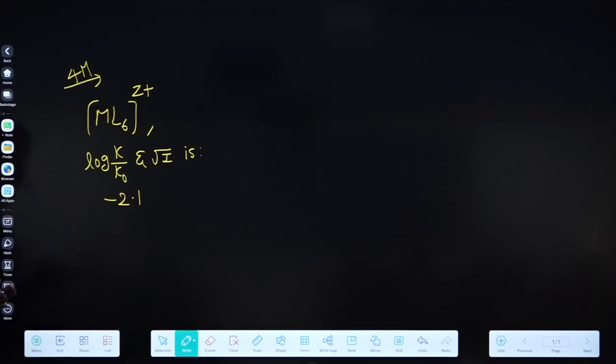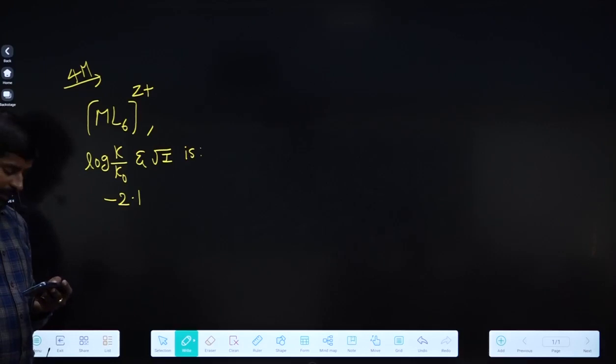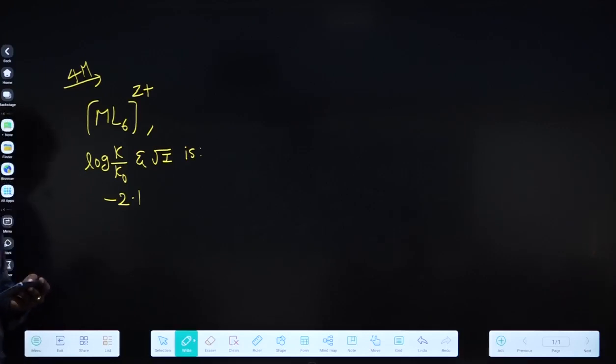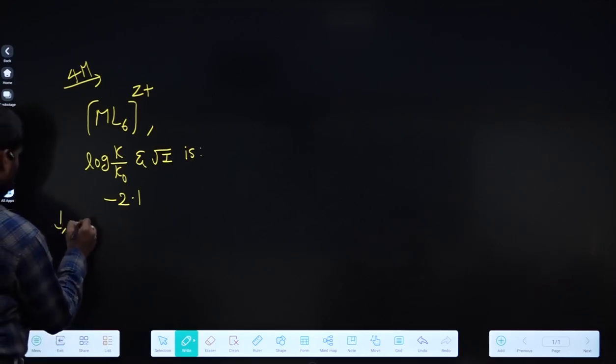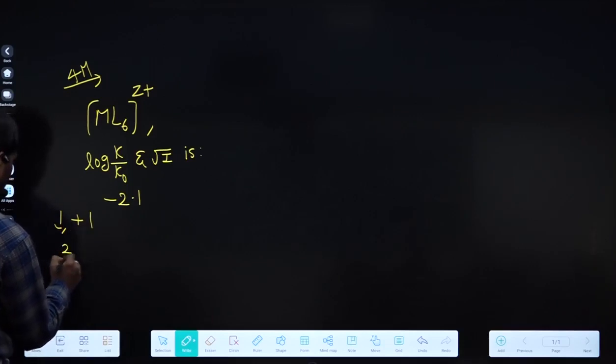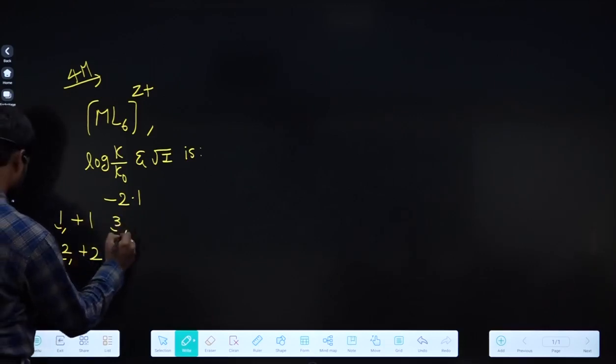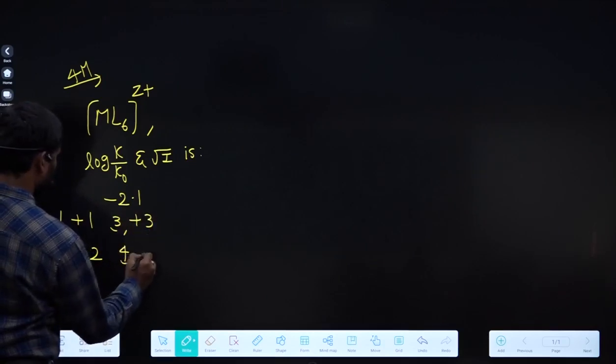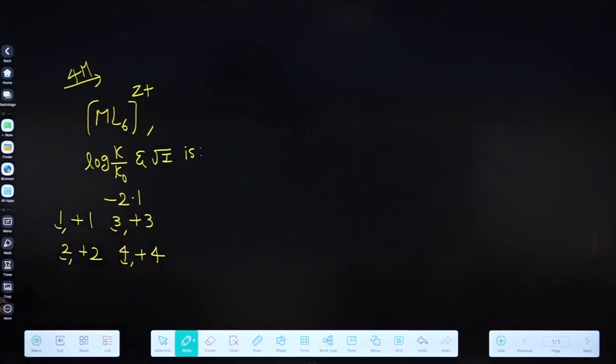The charge on the complex is: options +1, +2, +3, +4. The charge on the complex is close to what?